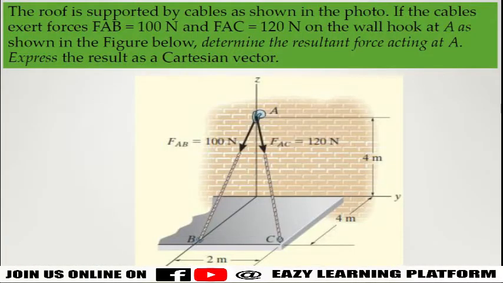So your assignment: the roof is supported by cables as shown in the photo. If the cables exert forces FAB equals 100 Newton and FAC equals 120 Newton on the wall hook at A as shown in the figure below, determine the resultant force acting at A. Express the result as a Cartesian vector.